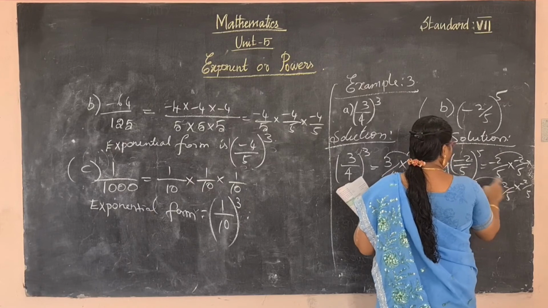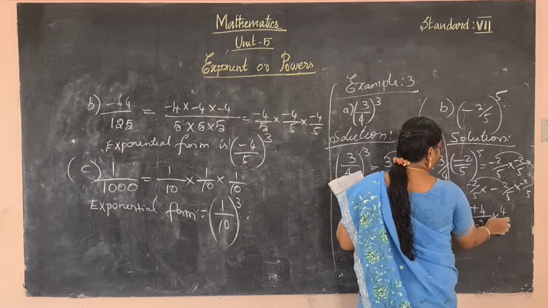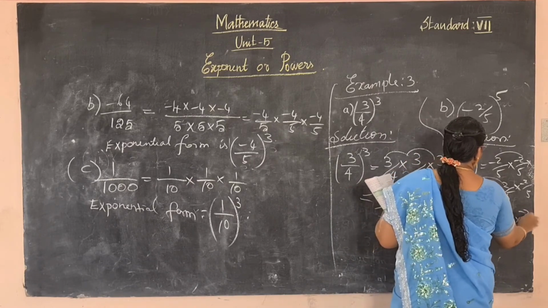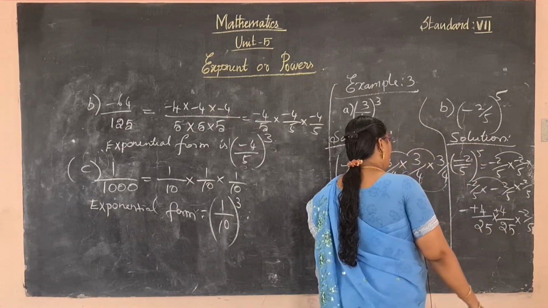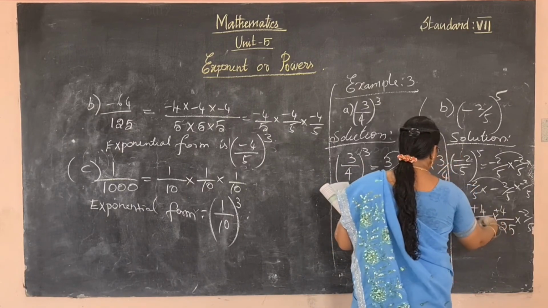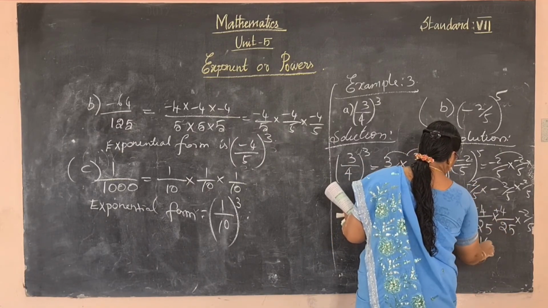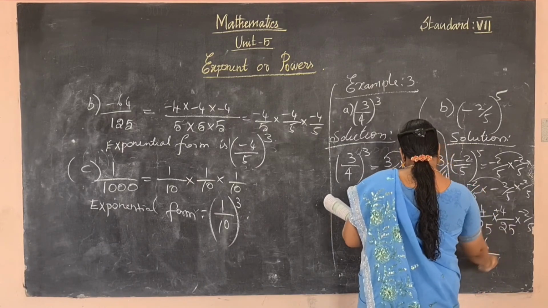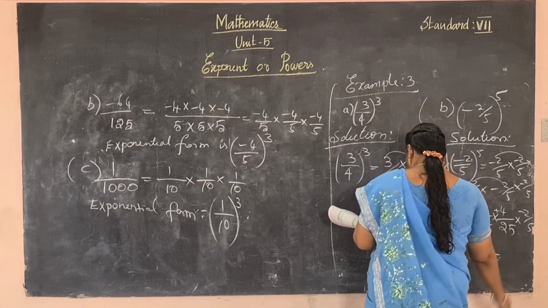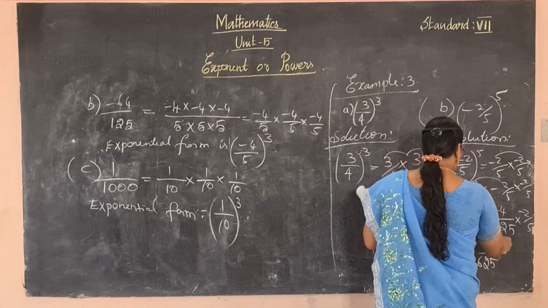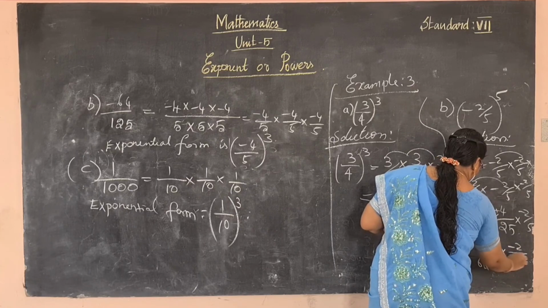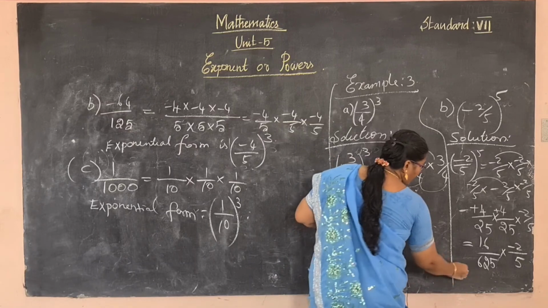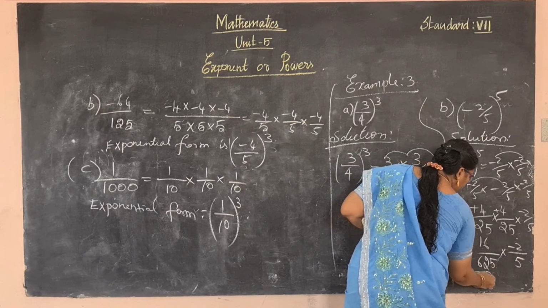So we get 4 by 25, into 4 by 25, into minus 2 by 5. Now multiply the numerators. First these two numerators: 4 4s are 16. And next denominators: 25 25s are 625. Then 625 into minus 2 by 5. So minus into plus is minus. 16 2s are 32.